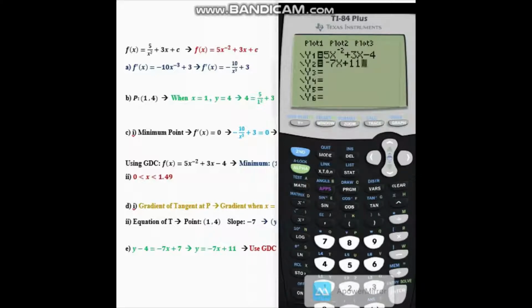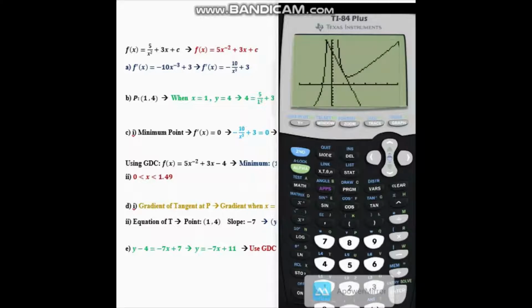So I've written the equation on the calculator. I shall click on trace, and there is my tangent line. We know that the line is a tangent at this point right there, but we are required to find the point where the tangent intersects the curve elsewhere. So we can tell that the point lies roughly somewhere here.